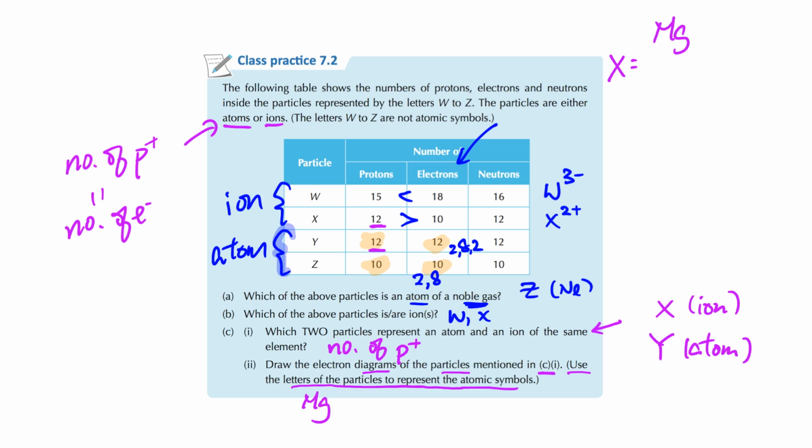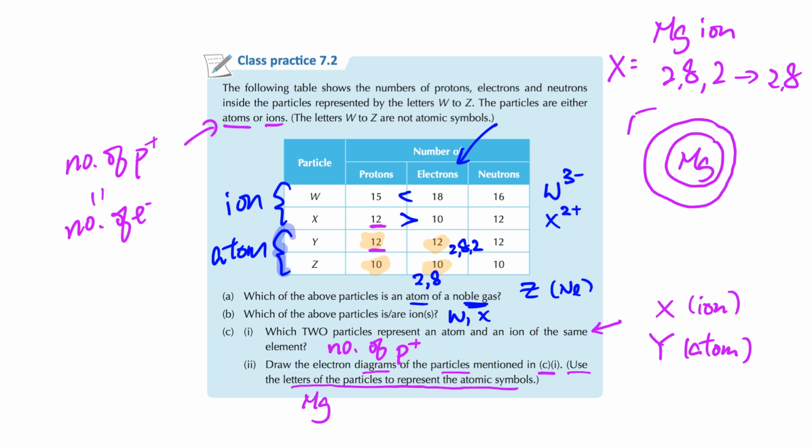Magnesium ion: magnesium is 2, 8, 2, so the ion form should be 2, 8. So magnesium, 2 circle, and then you go square bracket, 2, 8, and then this is 2 positive. So this is the ion part.